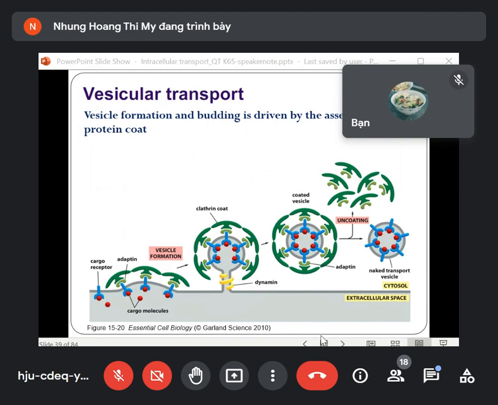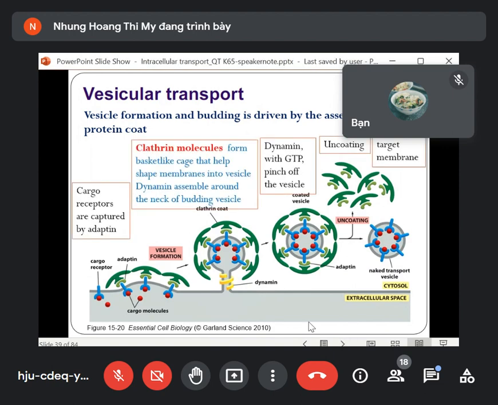So in the first step, you see many types of protein need to be present to form the vesicle. So clathrin molecules form the basket-like cage that shapes the membrane into a vesicle, and dynamin assembles around the neck of the budding vesicle to help pinch off the vesicle from the plasma membrane.